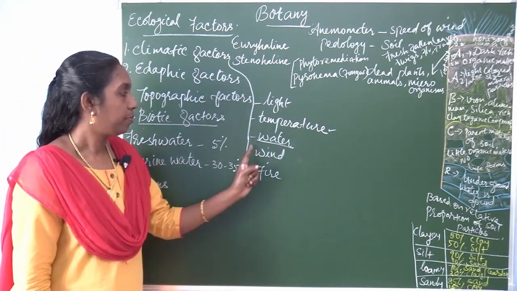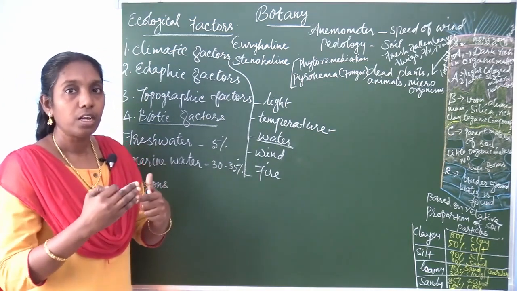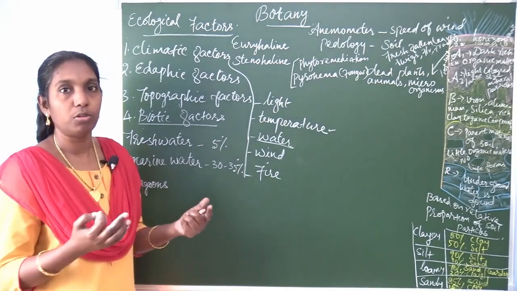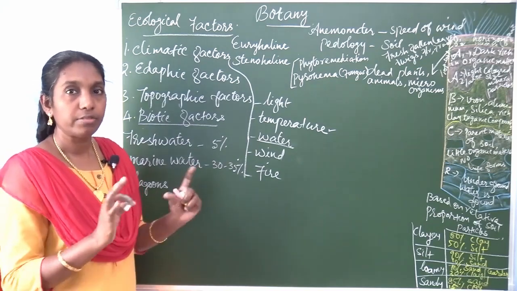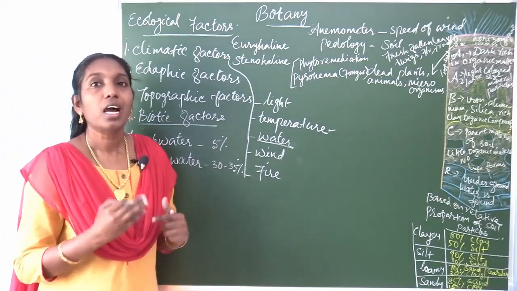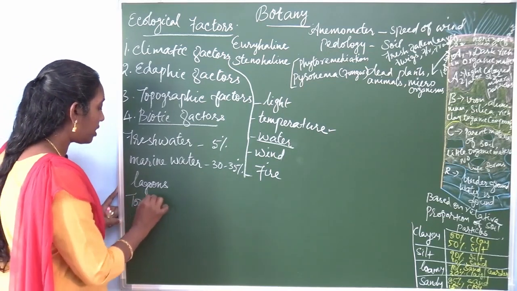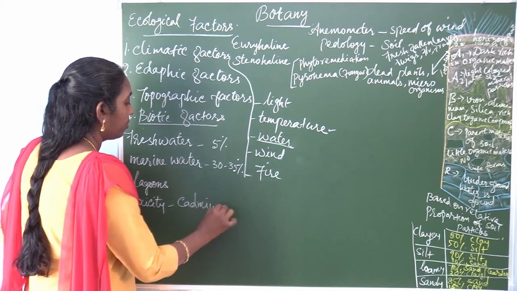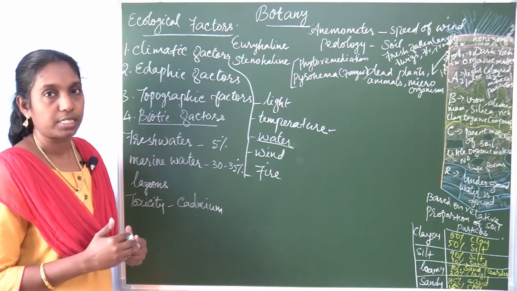So in this water, there are a number of aquatic forms, freshwater forms and marine water forms. You know that freshwater algae, marine water algae. So mainly algae is the vegetation in the water or aquatic forms. Then toxicity tolerance. There is an example of toxicity tolerance of cadmium. Cadmium is one of the toxic substances.